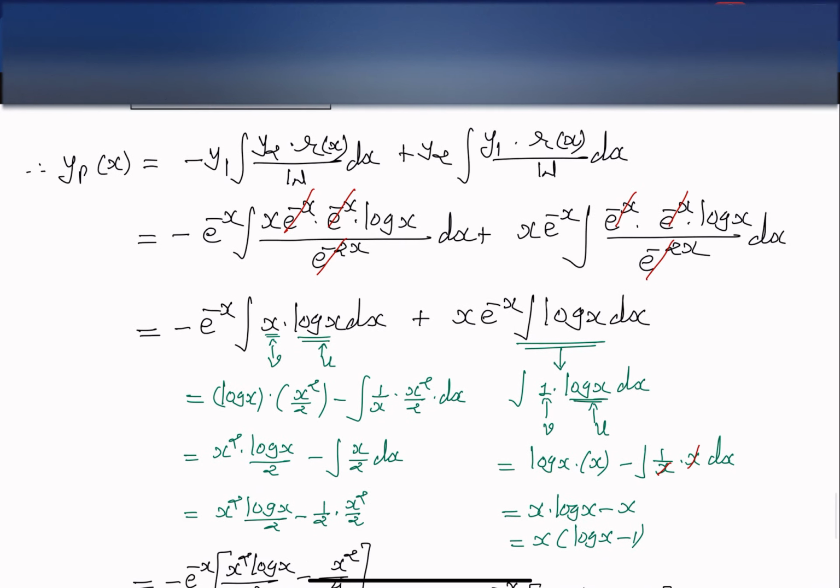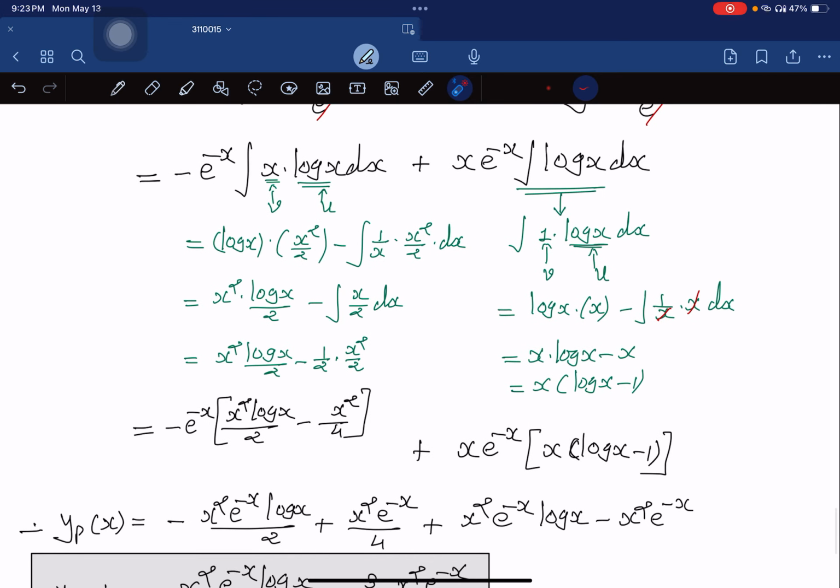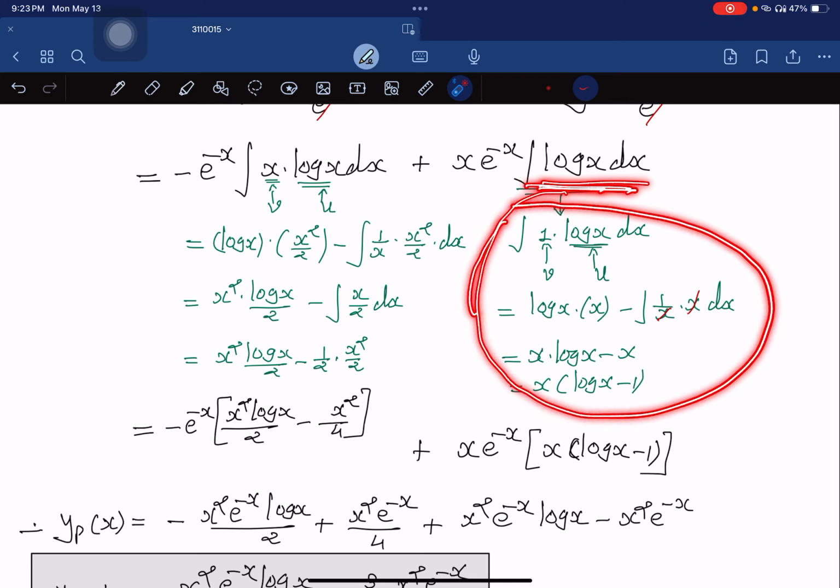Then I write the formula for yp. I substitute the values of y1, y2, right hand side, Wronskian everywhere, and then I use our usual simple integration trick. How do we integrate log x? So this is the procedure. If you want, you can mention it in the examination, or in rough work also you can do.